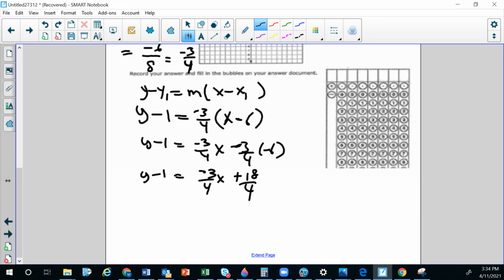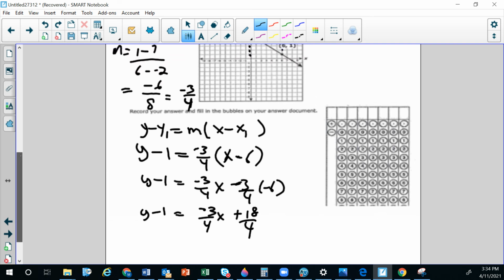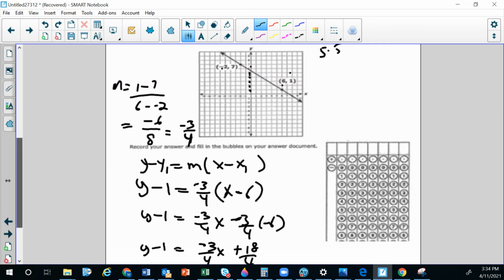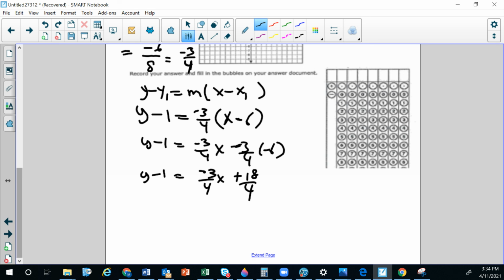The y-intercept occurs when x is 0. When x is 0, this entire term becomes 0 because 0 times negative 3 over 4 is 0. So I'm left with y minus 1 is equal to 0 plus 18 over 4.